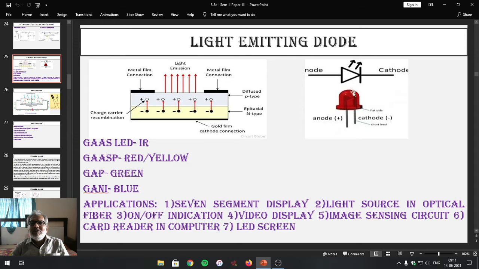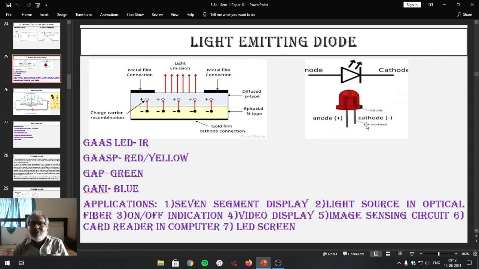If you look at this particular device, it again has two terminals. One is anode and the second one is cathode. When it is provided with proper supply, it will start emitting light radiations, most probably in the visible region, in different colors, and also in the non-visible region in the form of IR radiations.